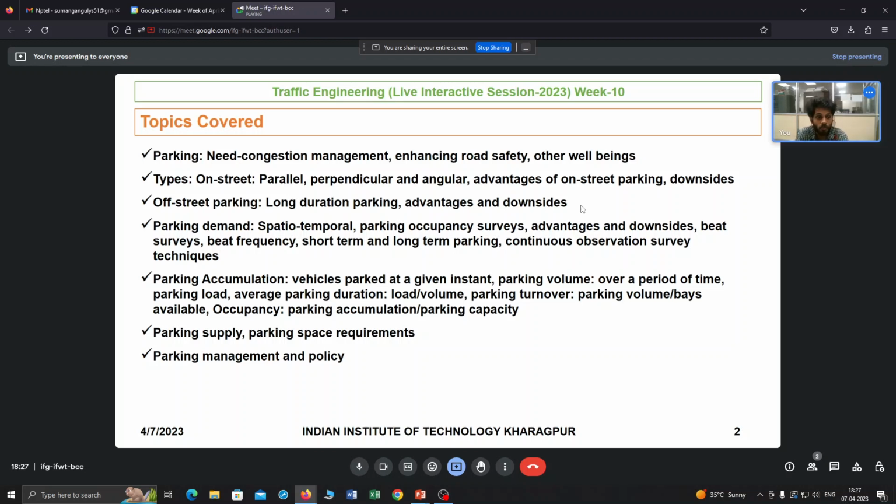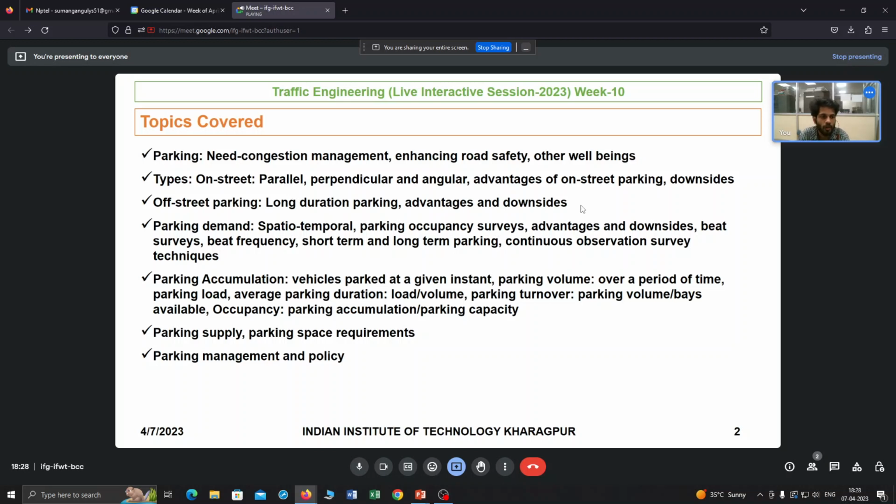So the problem is that you cannot go on building many off-street parking facilities, because first it is costly, and second you need space. For on-street parking you have your streets, so you can dedicate some portion of the width to parking facilities, and that's it.